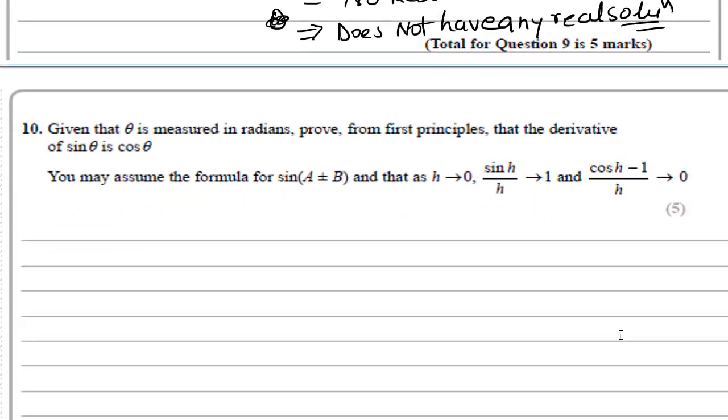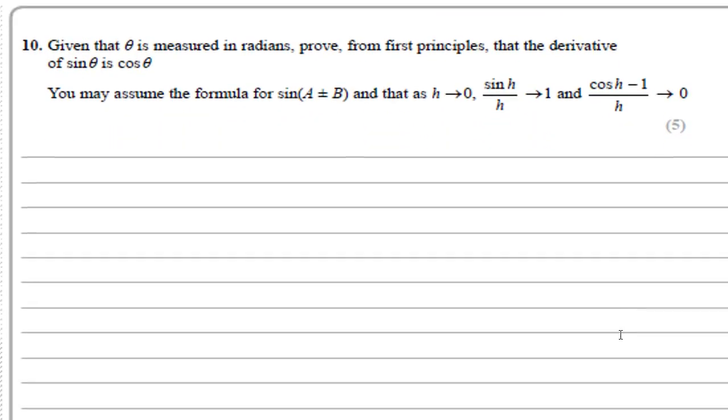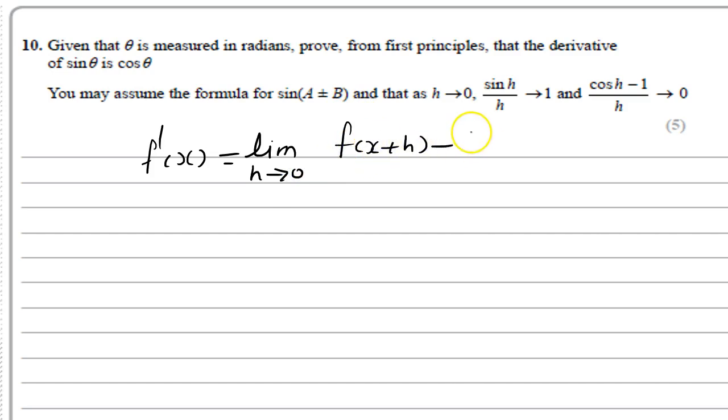Let's go for question number 10. Given that theta is measured in radians, prove from first principles that the derivative of sine theta is cos theta. We know the first principle formula: f dash x is the limit as h tends to 0 of f(x plus h) minus f(x), divided by h.